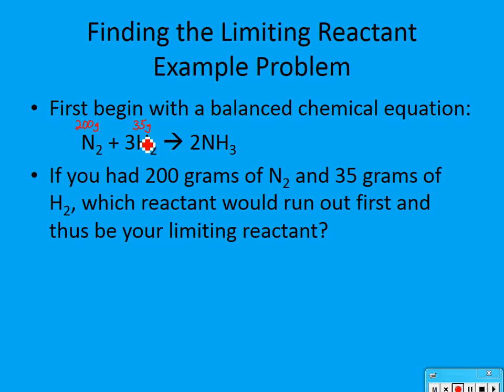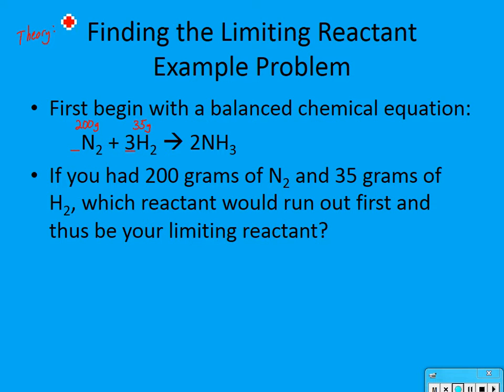Okay, so let's go through and figure that out. Here's how I would do it, okay? We do a mole ratio first, and I always put "in theory." So put in theory the mole ratio of hydrogen to nitrogen. What would the mole ratio of hydrogen to nitrogen be, guys? 3 to 1.